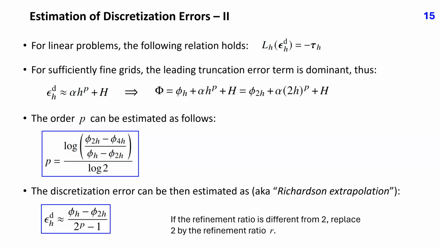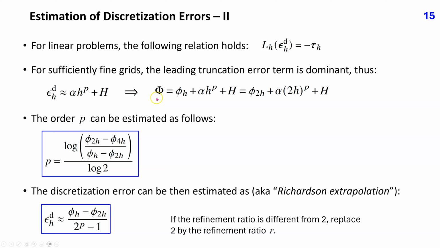When the grids are sufficiently fine, the leading truncation error terms in approximations are dominant, and we can express the discretization error as a function of grid spacing to power p. The unknown coefficient alpha is not important because at a given location it does not depend on grid spacing.